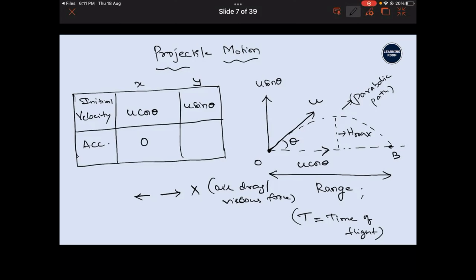So the particle is not changing its velocity along the horizontal direction. Whereas in the vertical direction, who's trying to pull the particle down? Gravity. So in the vertical direction, it is going to be acceleration due to gravity, which I'll call g. Okay. Now we'll give the sign convention to it. For sign convention, I need to have a basic reference system. Positive, positive. Left hand side is negative. Downward side is negative.